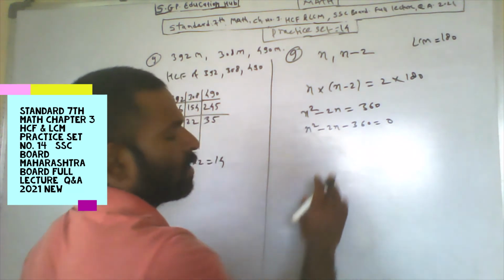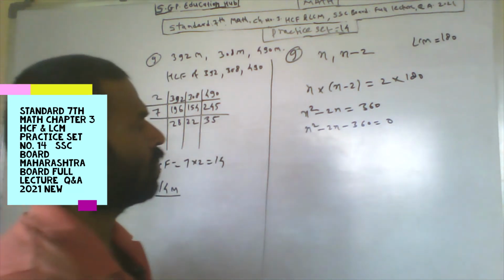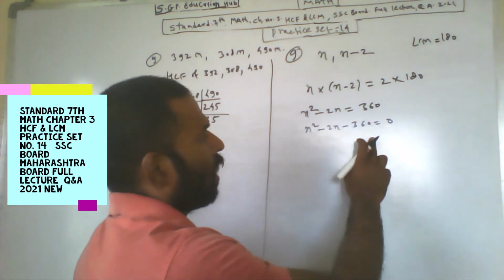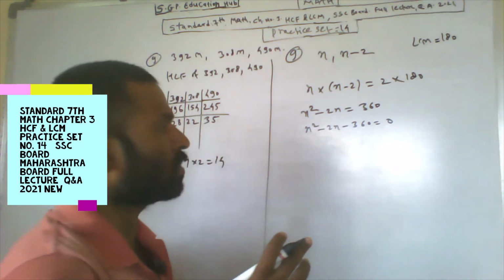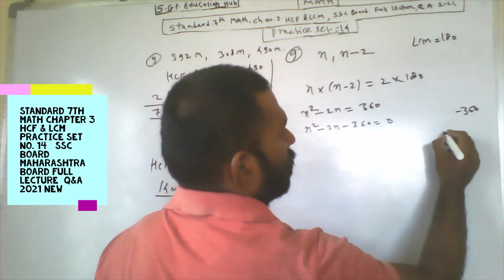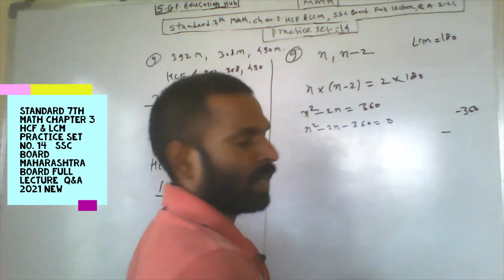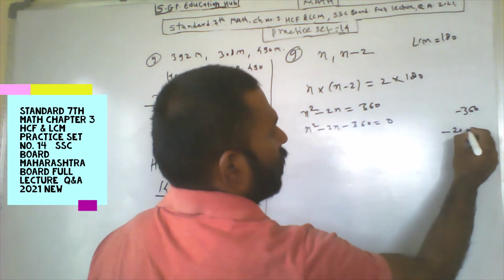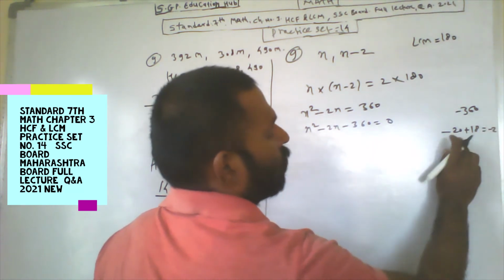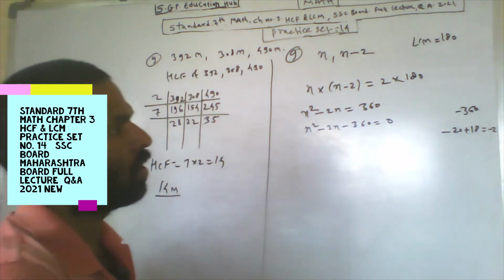Now find the two numbers whose product is minus 360 and sum is minus 2. Minus 20 plus 18, I already found it out: the product is minus 360.